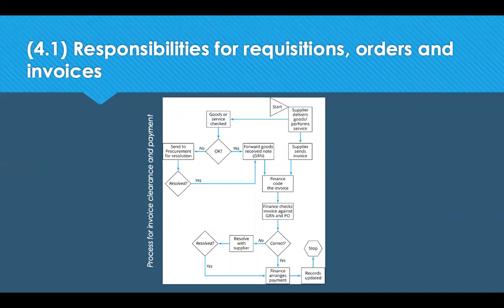You can see two things going into finance that need to match up. They check the invoice against the goods received note and the purchase order, and if it's correct, it goes straight down for payment. If it's not correct, it probably comes back to procurement to resolve the issue with the supplier before they agree the payment. And finally, they update the records.